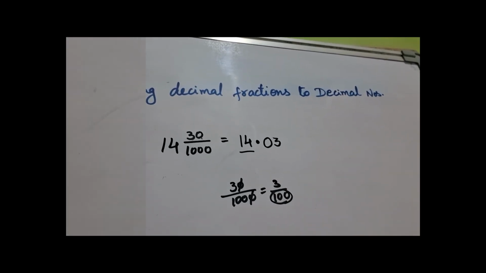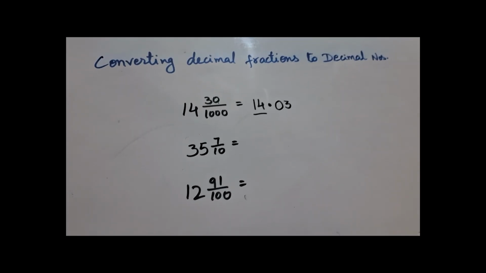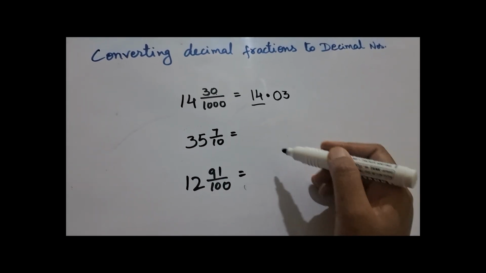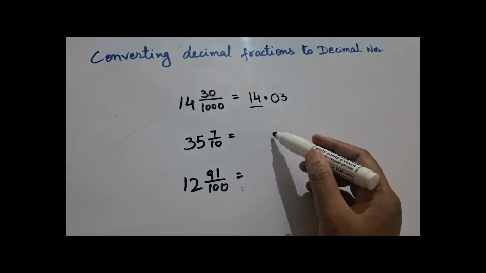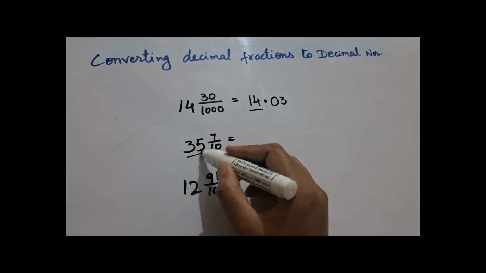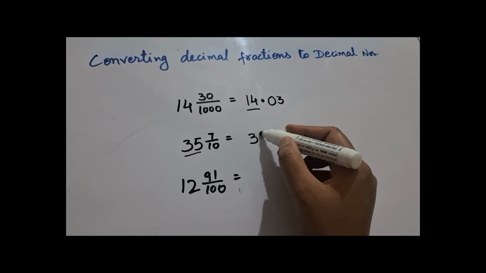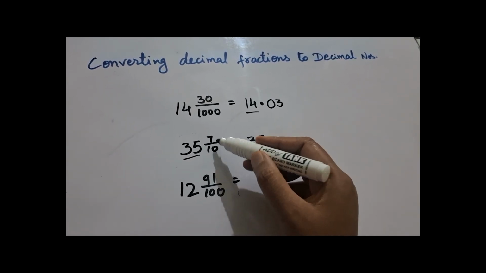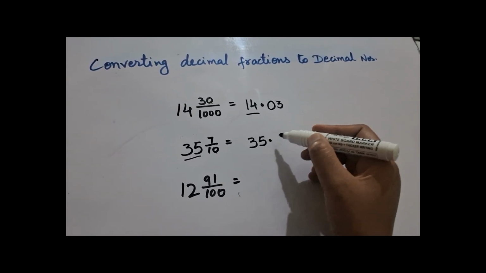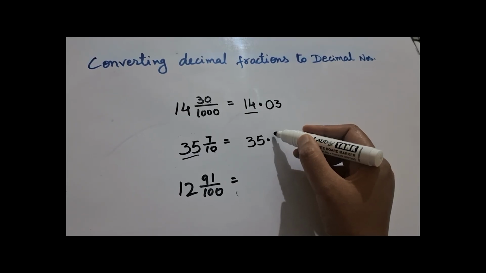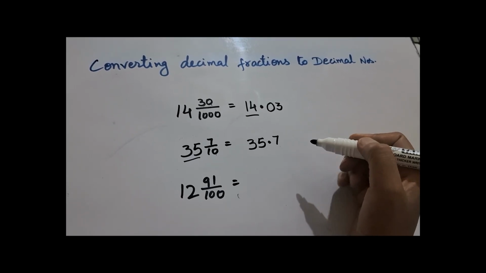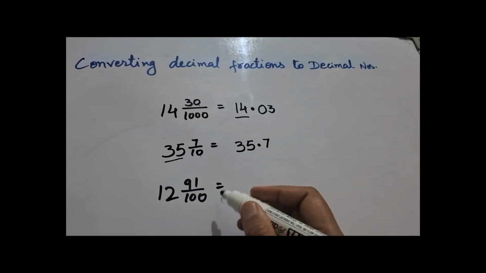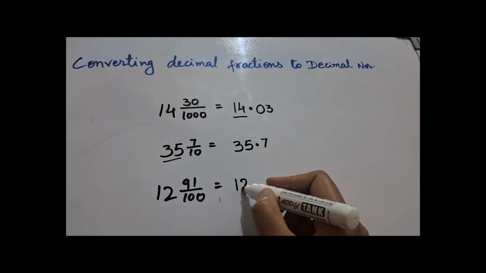Let's take some more examples, children. 35 7 by 10. How are you going to convert this fraction to decimal? 35 is a whole number, so write it in the whole number place, and 7 by 10 is in the tenths place, 7 is there. That means after the decimal point, in the tenths place, 7 is there. So 35.7 is the answer. And this one, 12 is in the whole place.